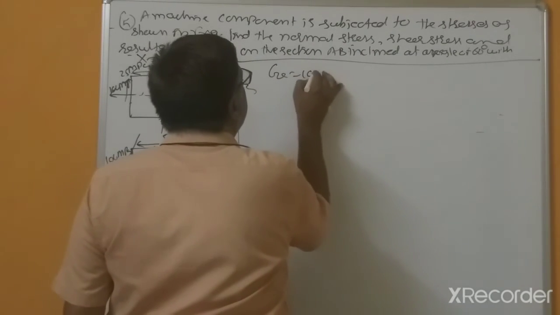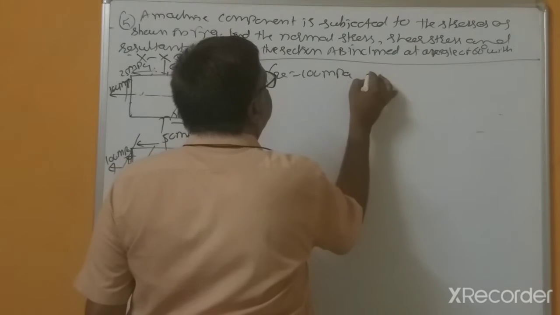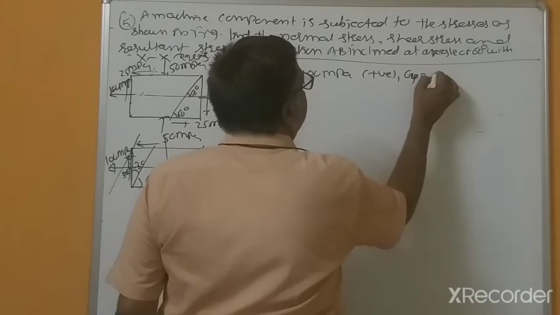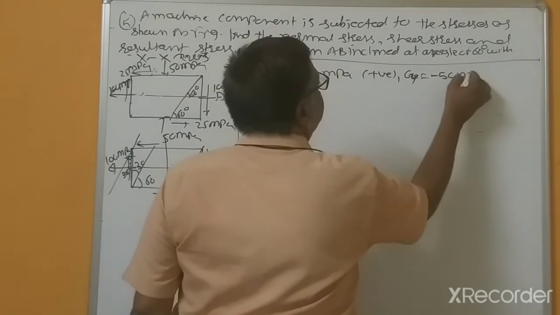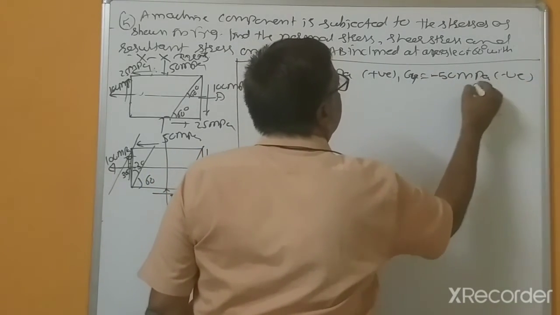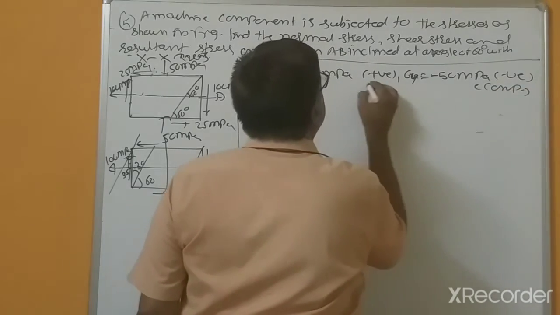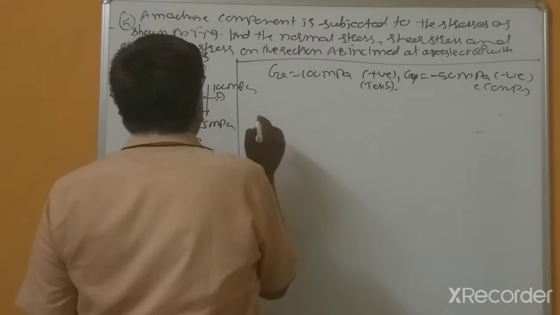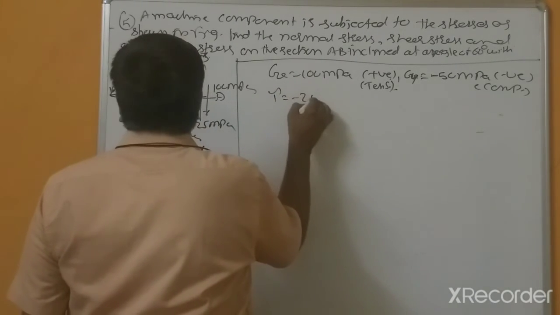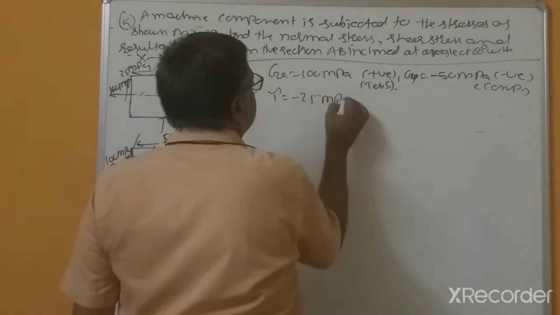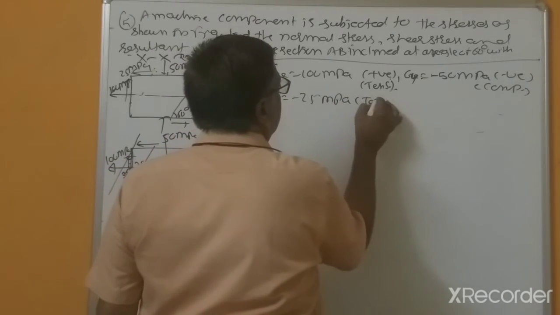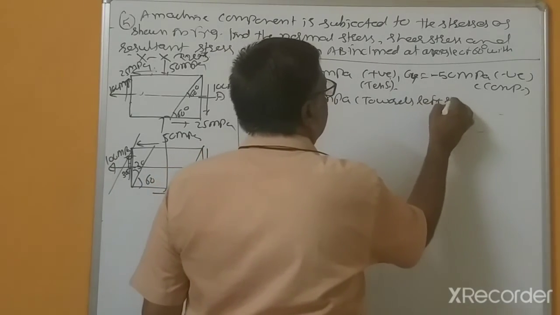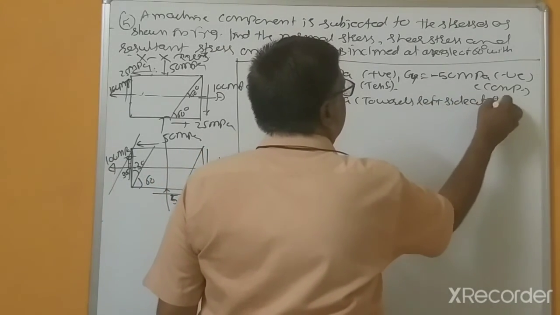So that's why sigma x equal to 100 megapascal positive, sigma y negative, because this is compressive and this is tensile. Shear stress negative towards left side at the top.